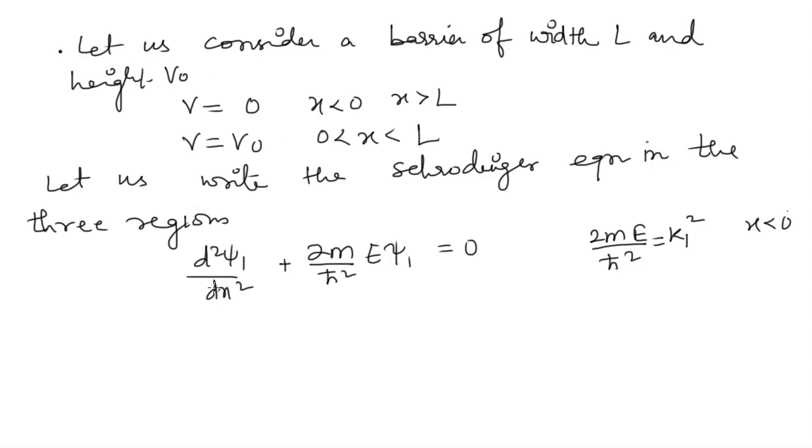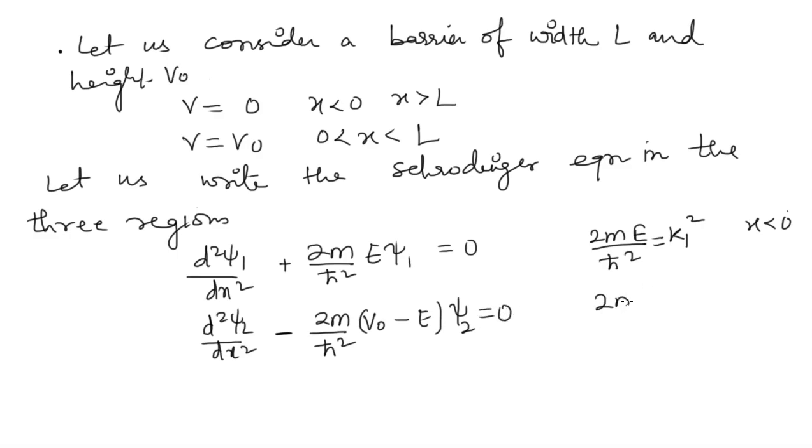What do I get here? d2 psi 2 upon dx square minus 2m upon h cross square (V naught minus E) psi 2 is equal to 0. Sorry, this is 2m upon h cross square times (V naught minus E), and this is equal to k2 square. This is from x equals 0 to L.